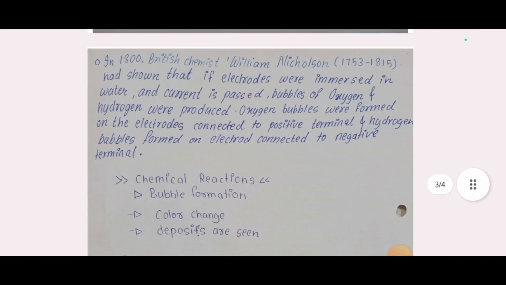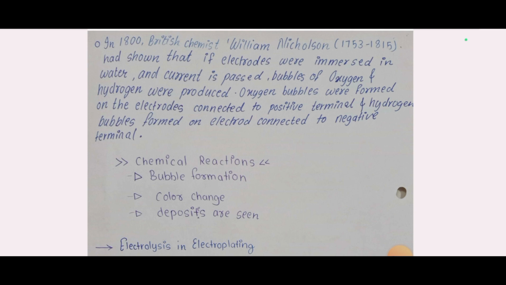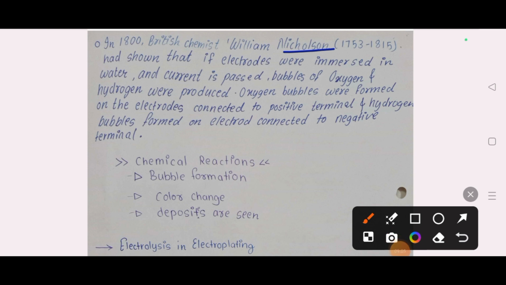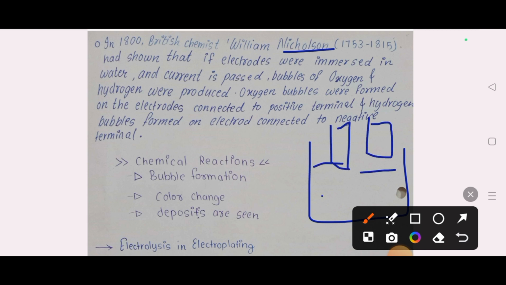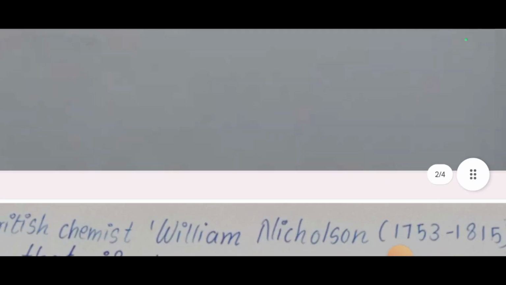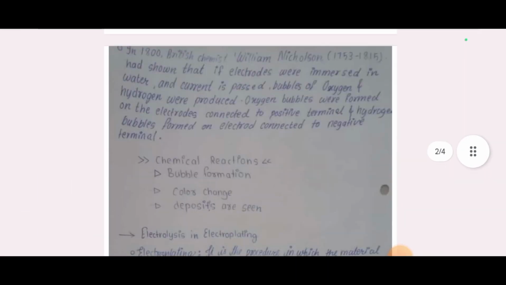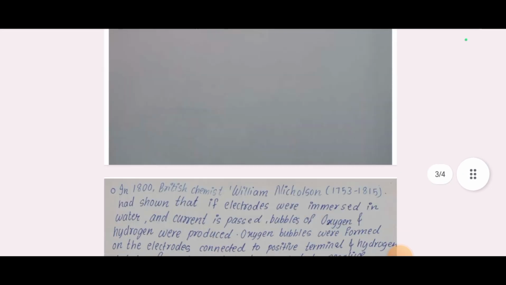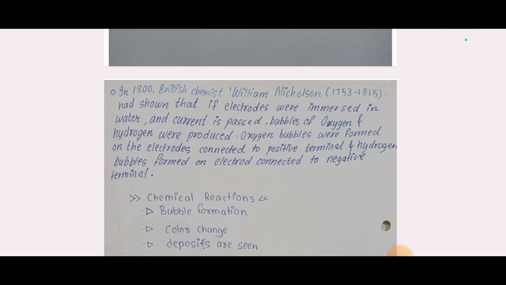So in 1800, British chemist William Nicholson (1753-1815) had shown that if electrodes were immersed in water, this activity is explained over here, and the current is passed, then bubbles of oxygen and hydrogen will be produced.